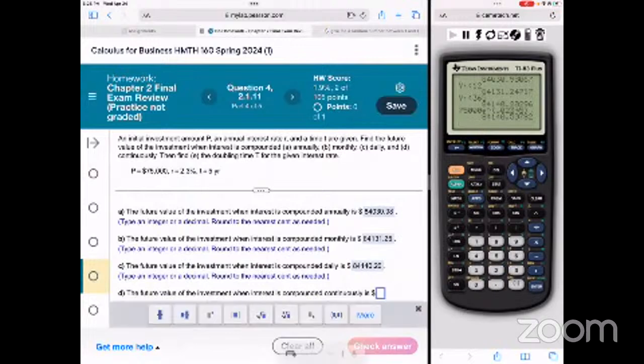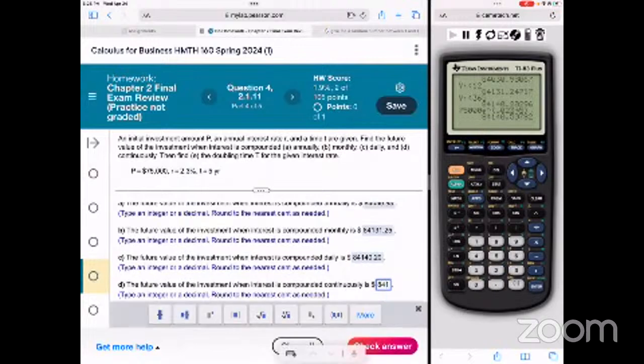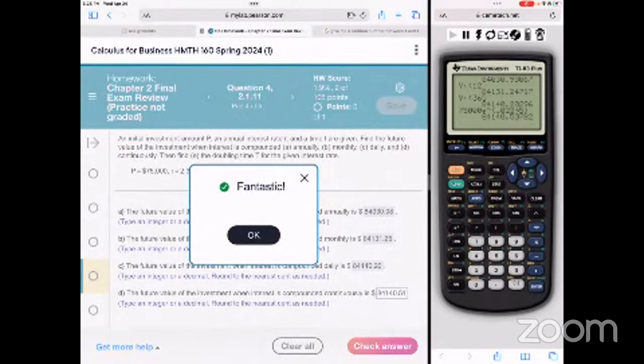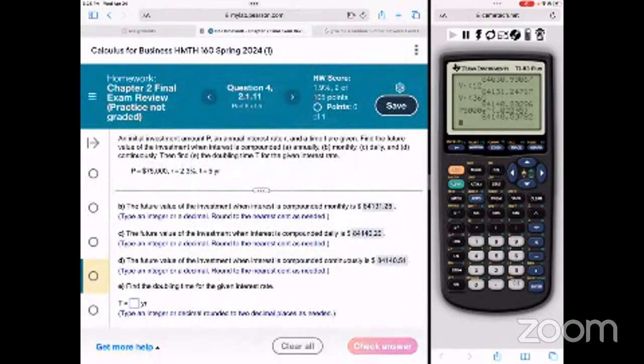Okay, so for D, we did use a different formula. Now it's asking us to find the doubling time. Now that one I think I will write out, because that one takes a little bit more. So let me see what I'll do for this one.